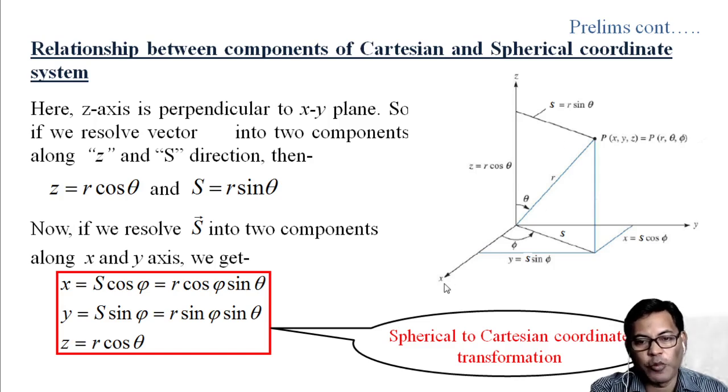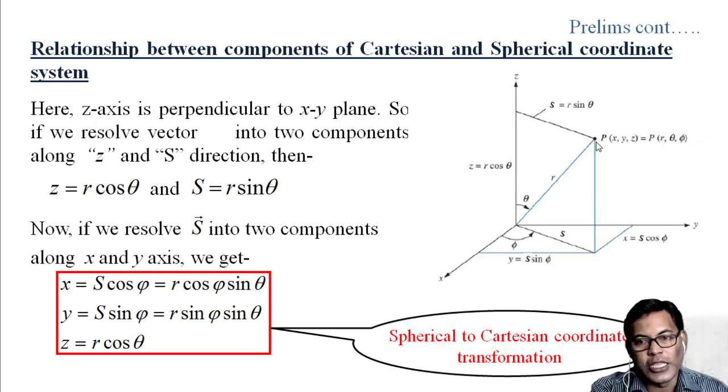In this diagram, we have considered the Cartesian coordinate system x, y, z, and in this Cartesian coordinate system, we have taken a point P, which is represented by the Cartesian coordinates x, y, z. This point is also represented in the spherical coordinate system, that is, P is a function of r, theta and phi.